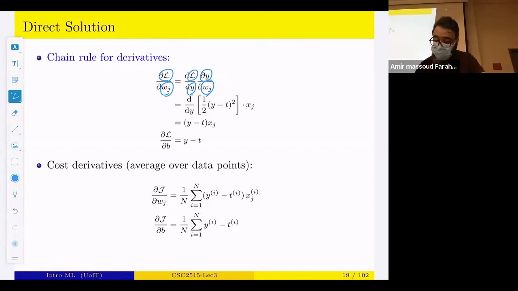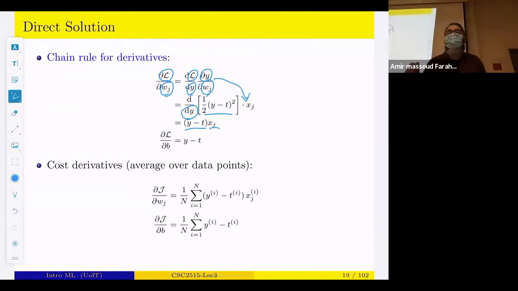What's the loss? For one point, it would be one half of (y minus t) squared. We take the derivative with respect to y. And then what is the partial derivative of y with respect to wj? It would be xj, because that's a linear equation. So the first term gives y minus t, and the second term would be xj.